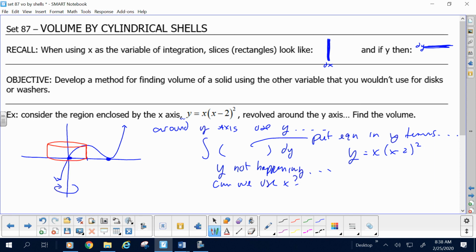Students the first time want to say, oh, so it's a washer. Well, no, it's not so much a washer. It's really thin, and it's really more like this, yeah? That's how thin it is.